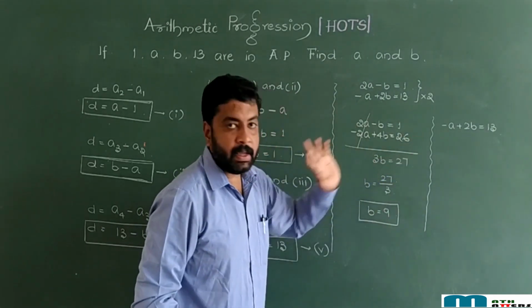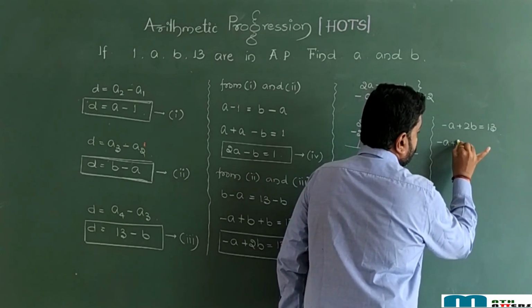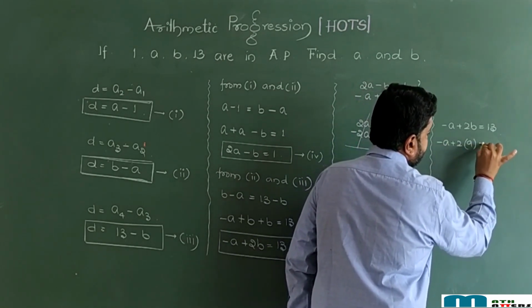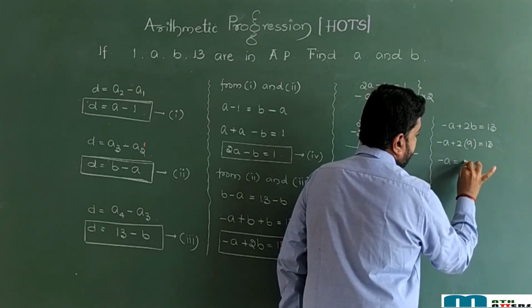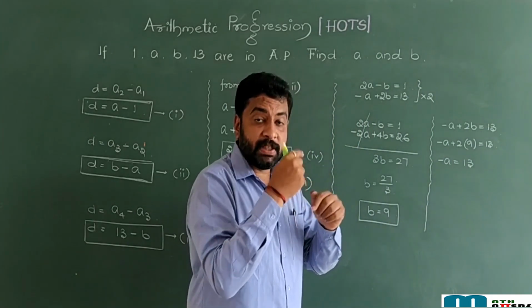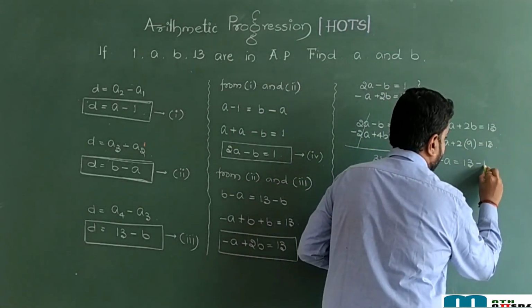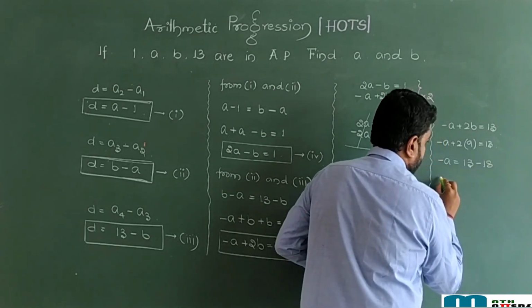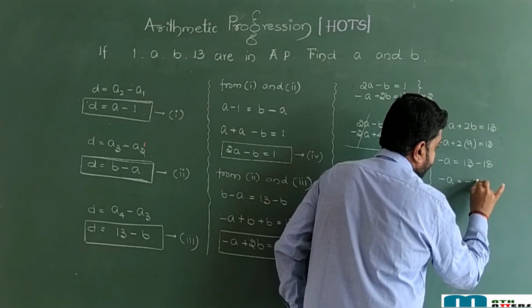Now b value is 9. Substitute: minus a plus 2 into 9 is equal to 13. Minus a is equal to 13 minus 18. If I shift that side, it becomes minus 18. So minus a is equal to minus 5.